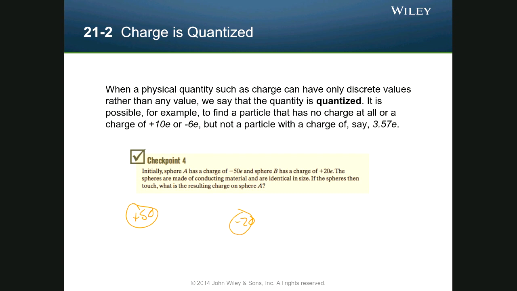What's going on here is that these negative charges will go over here, because it's always electrons that move. They will neutralize out. This will still be +30, right? But now what you have over here is it's 0, but you have all the negatives want to jump over here, and all the positives on this side. So charge gets induced and separated, okay? That's a really key point that you're going to have to get used to and apply.